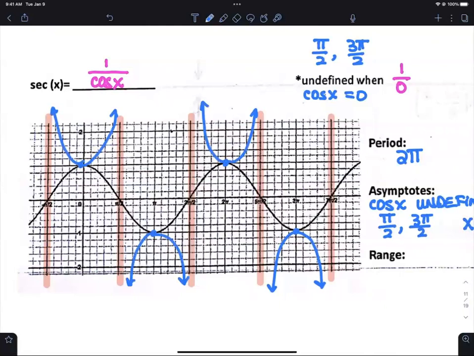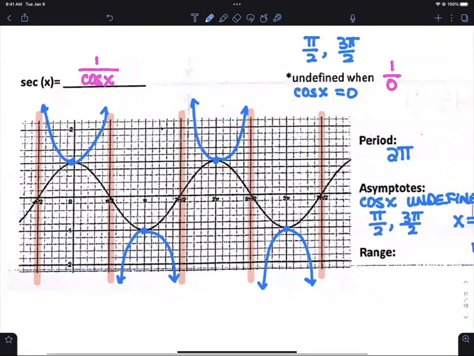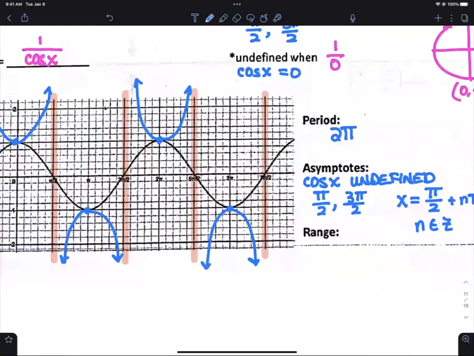The actual function would be the blue parabolic curves with the asymptotes drawn in. It's nice to have the cosine or sine graph there as a reference, but that's not the actual graph. The blue curves represent the graph. The range is the same: negative infinity to negative 1, union positive 1 to positive infinity.